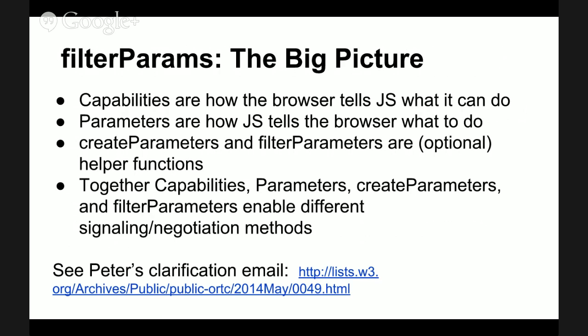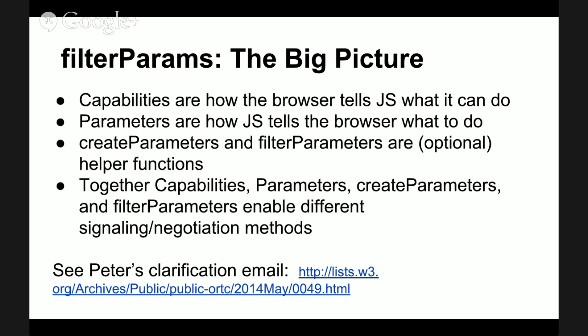Filter params. Again, the capabilities tell the browser, tells JavaScript what it can do. Parameters tells the browser what it's going to do. And we have 2 methods, both of which are optional right now. You don't need to use them as an ORTC application developer. And they're called create parameters and filter parameters.